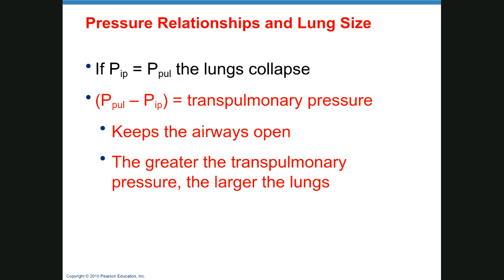So part of what's preventing lung collapse is that intrapleural pressure. A collapsed lung, we will probably have to put on a ventilator to force air in and force the ventilation to continue, and then just wait for it to fix itself.